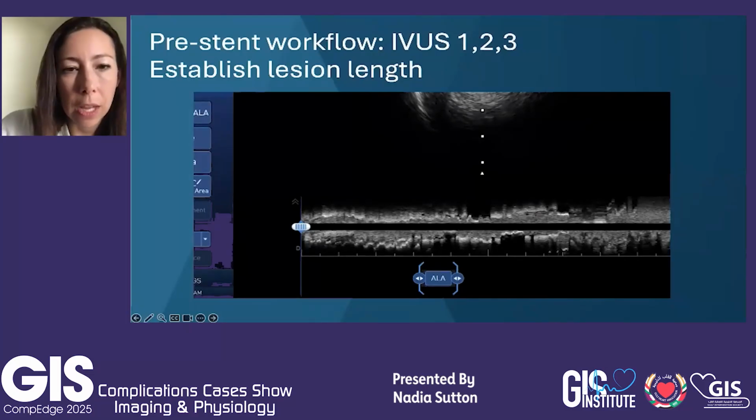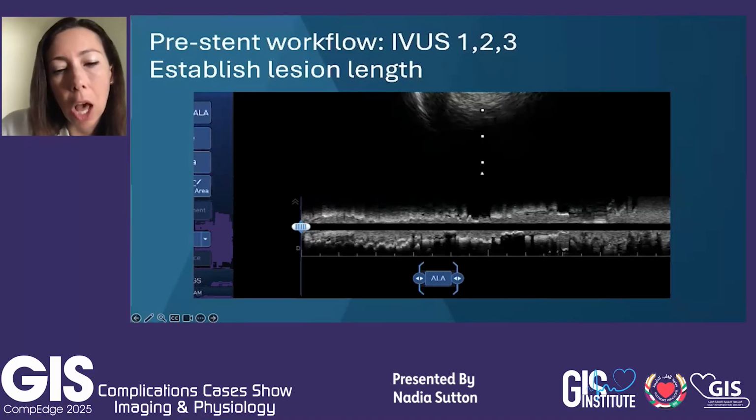So this is a cross-section through a vessel, looking at it with high definition IVUS. We have some different tools that we can use to scroll down the blood vessel. You see that little white thing, looks almost like a tablet. We call that a scrubber, that you can pull down the vessel and look at different cross-sectional areas.